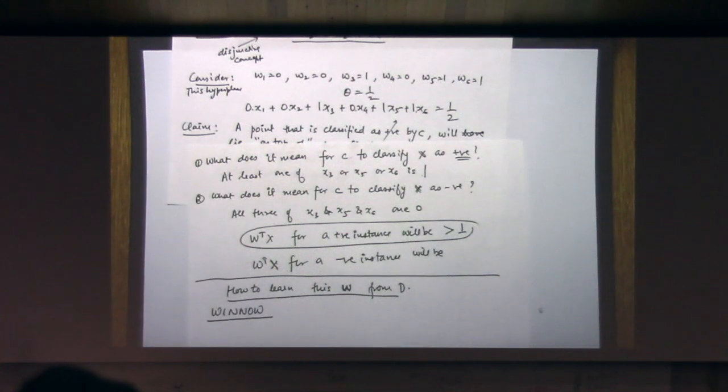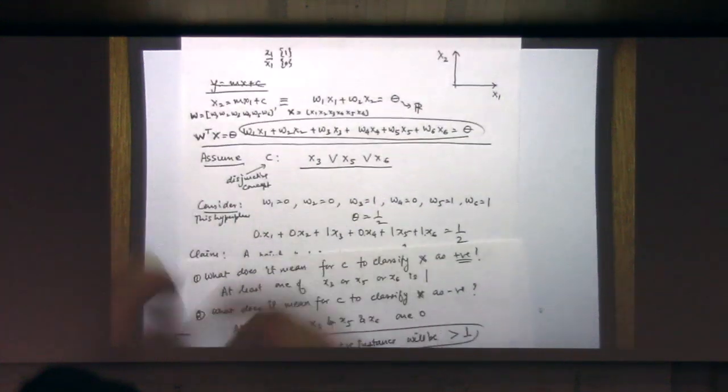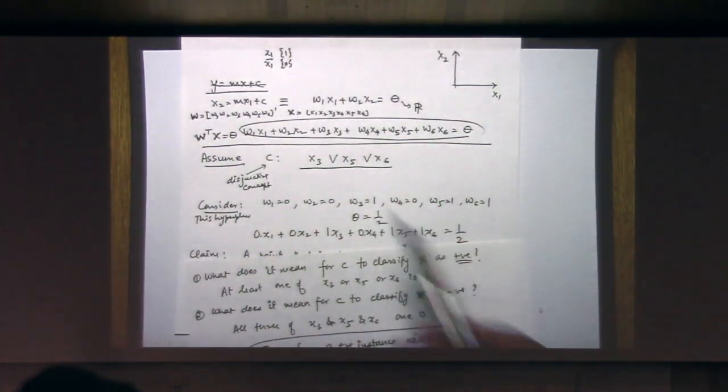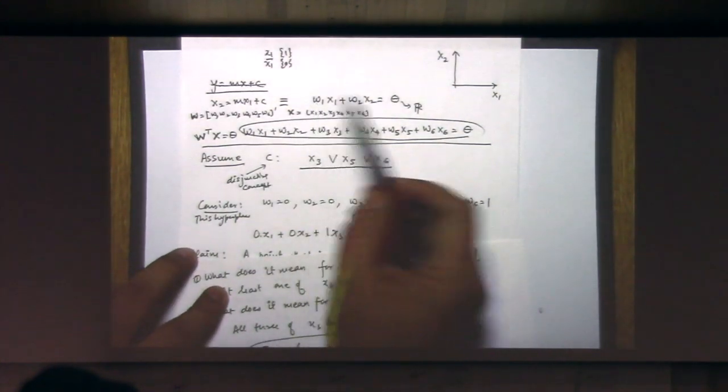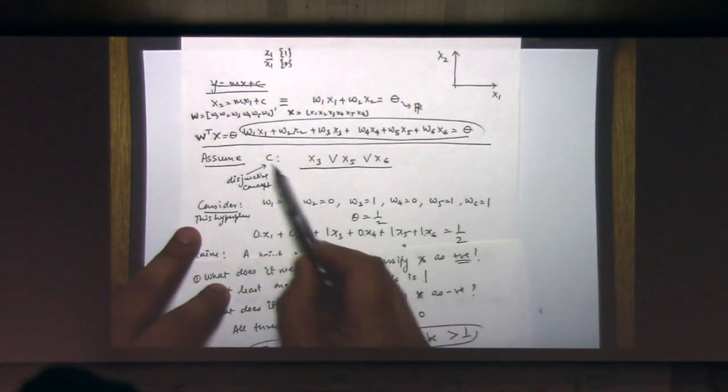All right. So between the two of you, your questions basically set the whole stage. The first question was, how did I arbitrarily come up with these weights? The reason I came up with these weights was because I knew what the concept was.